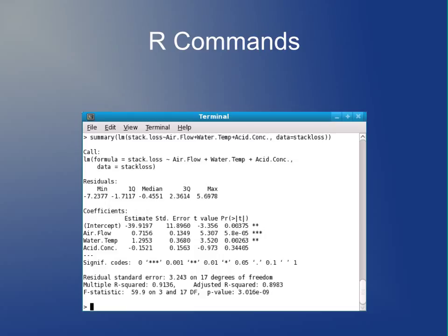It's very similar to the single variable regression. You'll see stack loss is the response variable, and then I say twiddle airflow plus water temp plus acid concentration. In general, the syntax is x1 plus x2 plus x3. I'll give the general syntax here in a second, and you'll see the output below. I'll explain what all these things mean in the output in a second.